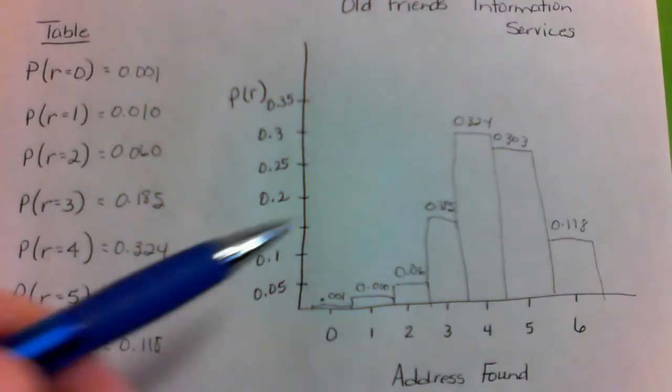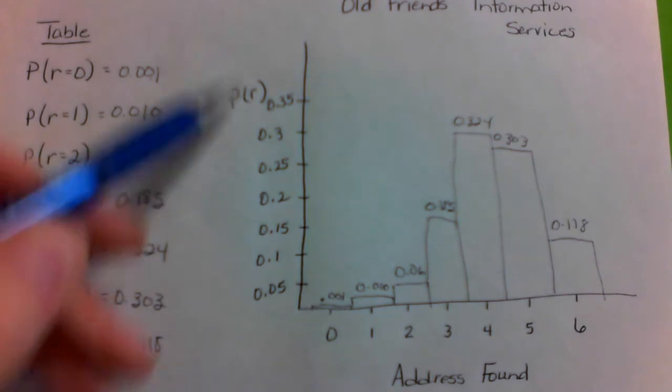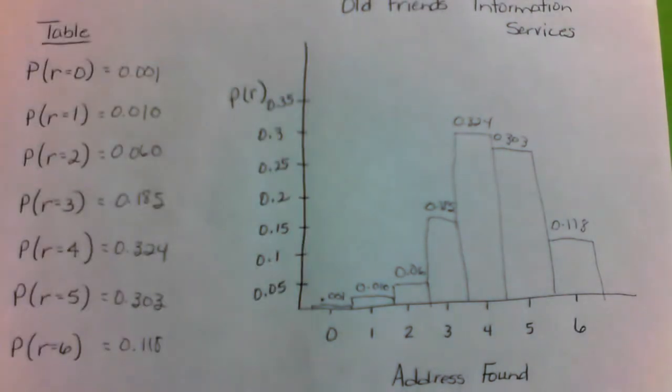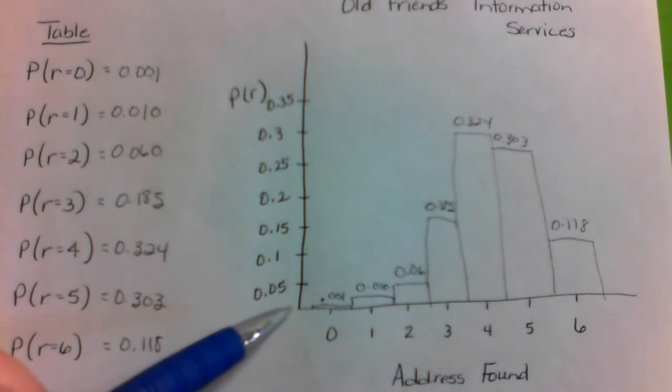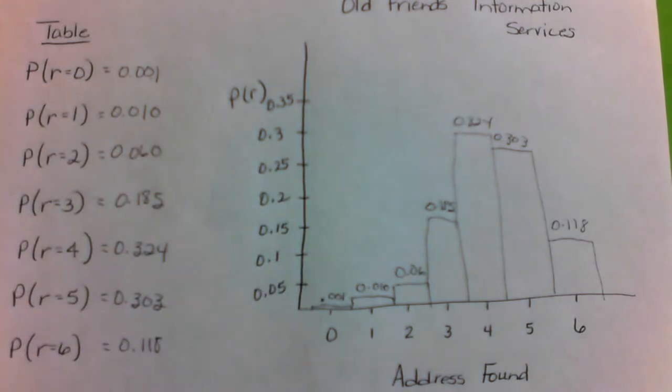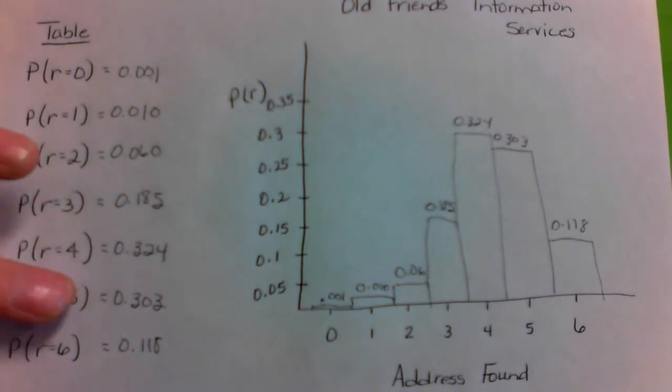And then again, don't forget to label your axes and also title your graph if you're asked to create a graph. If I ask you the distribution shape of this, although you do have 2 bars over here, it more tapers to the left, so this would be considered skewed left. So that is problem number 11, and this is the histogram.